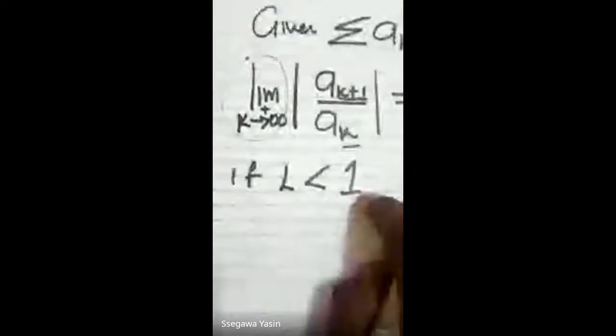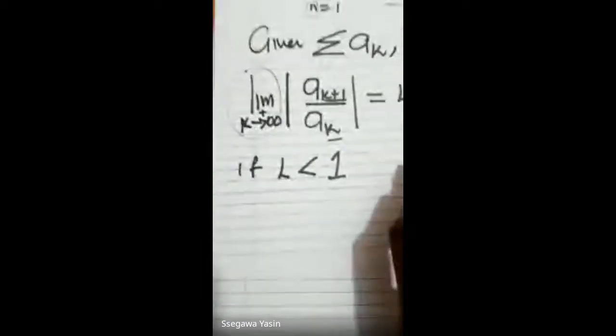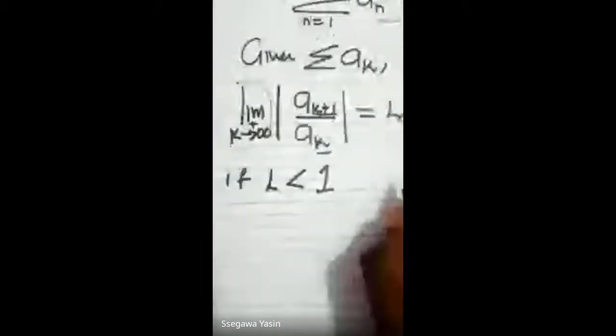If L is less than 1, then we say that the series, which series? The series of a_k, the whole thing, converges absolutely. Converges absolutely.